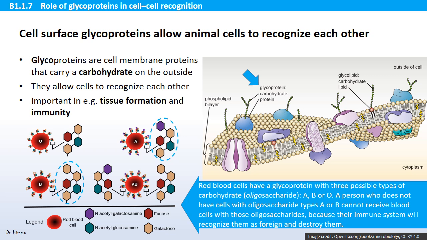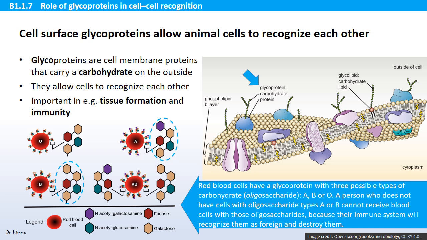The same is true for blood type B. If you have blood type B, you can receive, of course, blood type B blood, but you can also receive blood type O blood, because that carbohydrate associated with blood type O is part of the carbohydrate associated with blood type B.